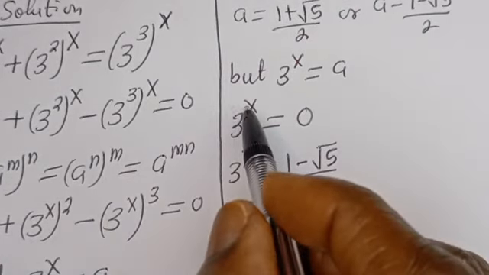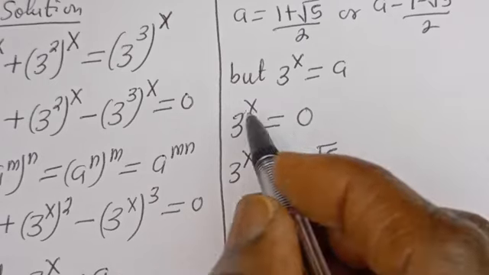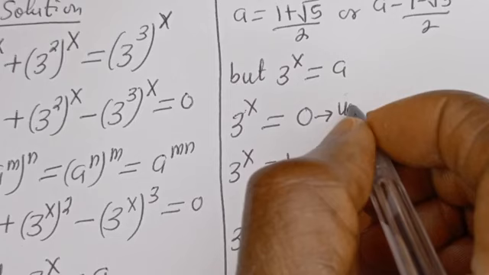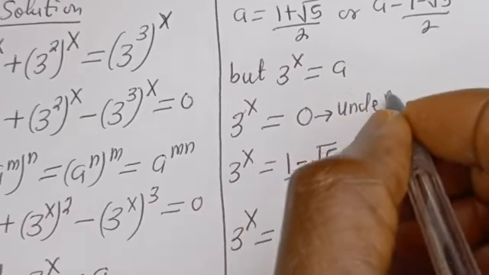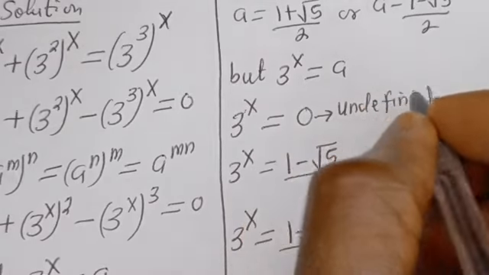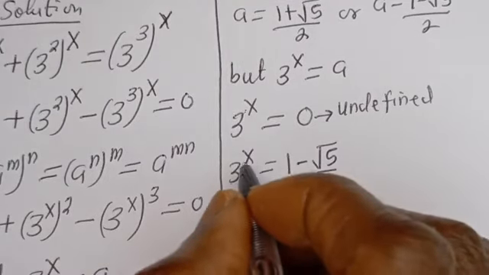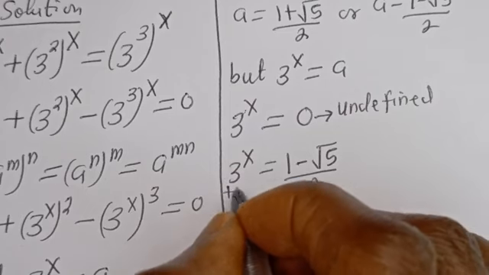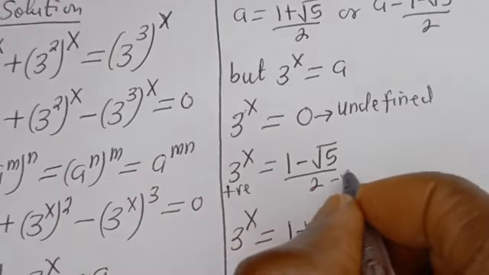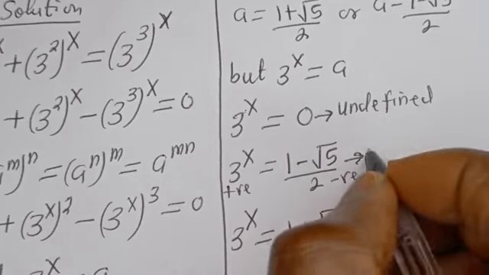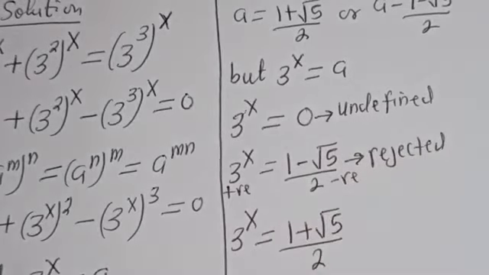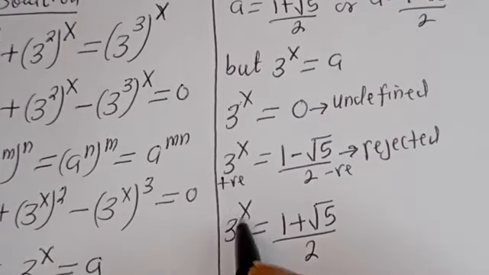But 3 to the power of x cannot be equal to 0; this is undefined. Then 3 to the power of x is equal to 1 minus square root of 5 divided by 2. This is negative while 3 to the power of x is positive, so this is rejected. Then here we have 3 to the power of x is equal to 1 plus square root of 5 divided by 2.